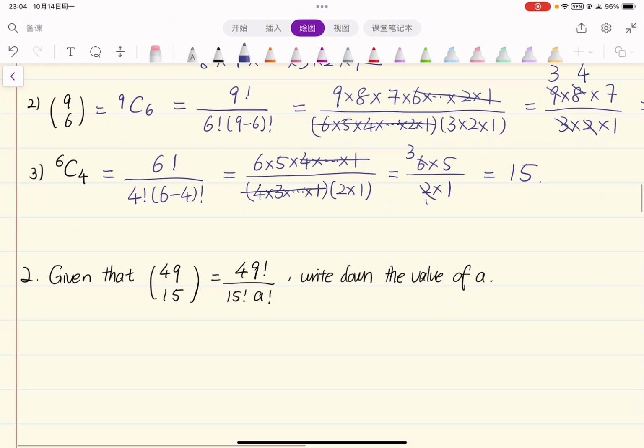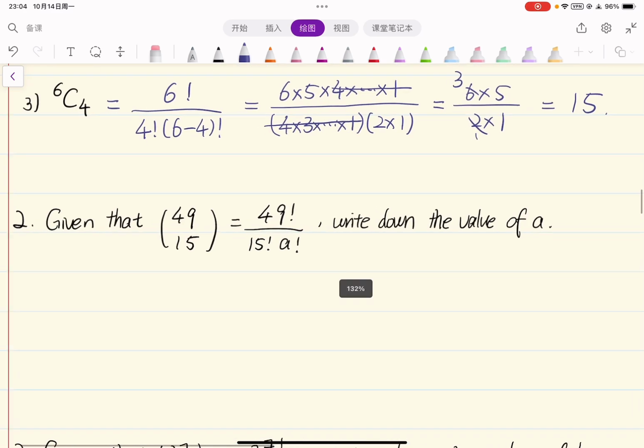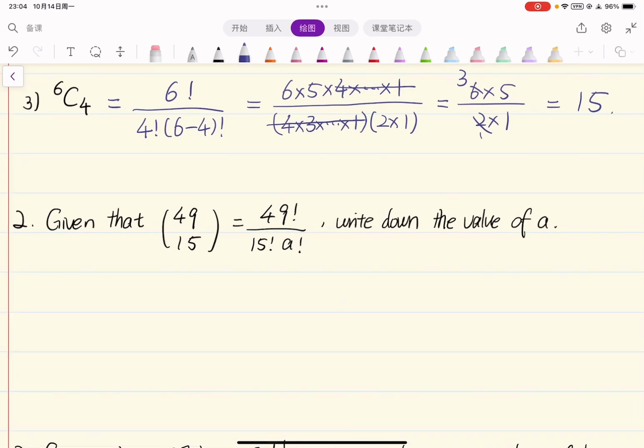Now let's move on to the next question. Given that 49 choose 15 equals 49 factorial over 15 factorial times a factorial, write down the value of a. Remember that the formula for n choose r equals n factorial over r factorial times n minus r factorial.